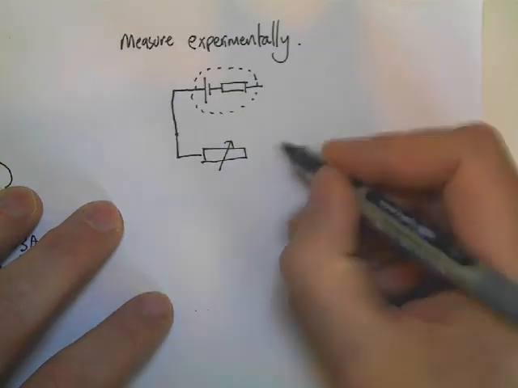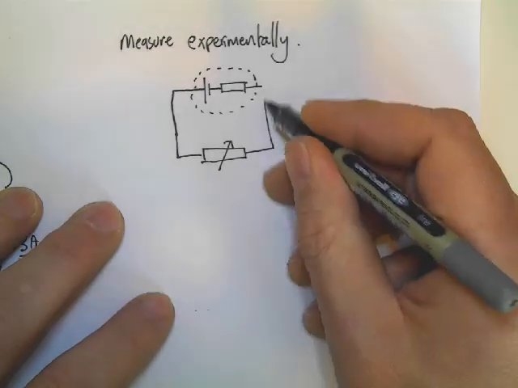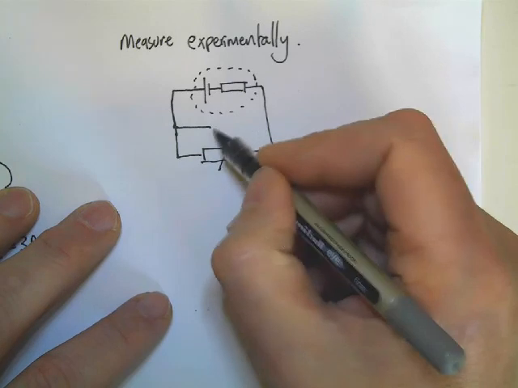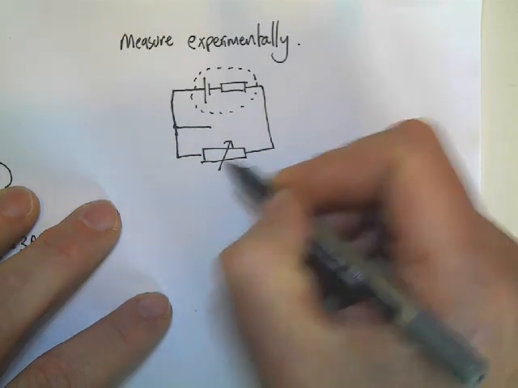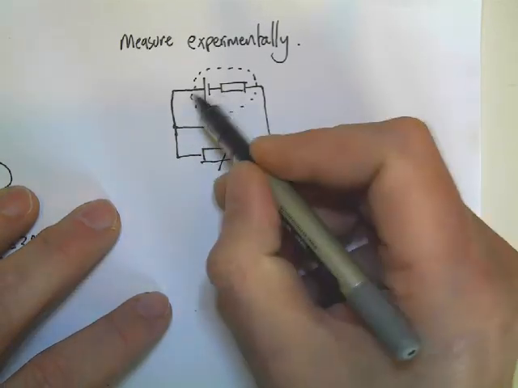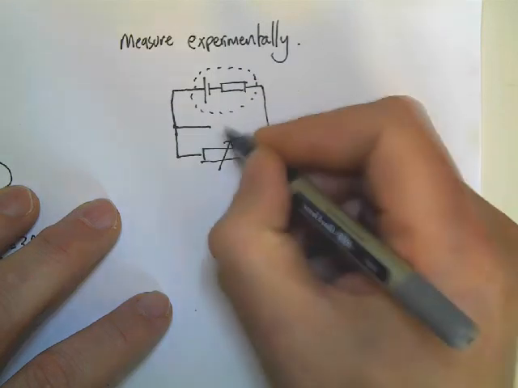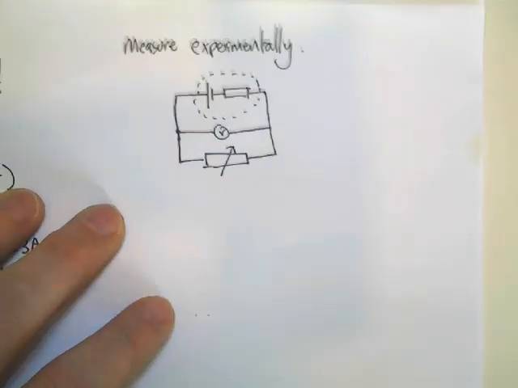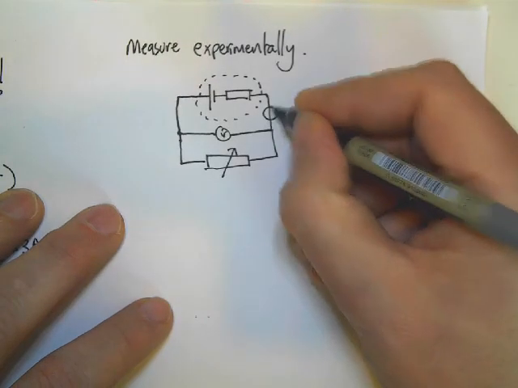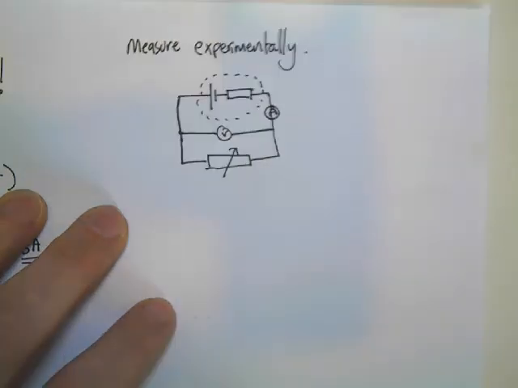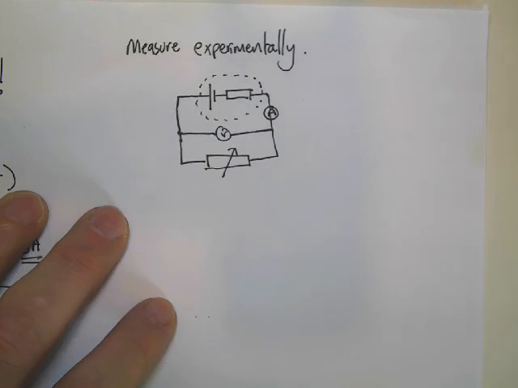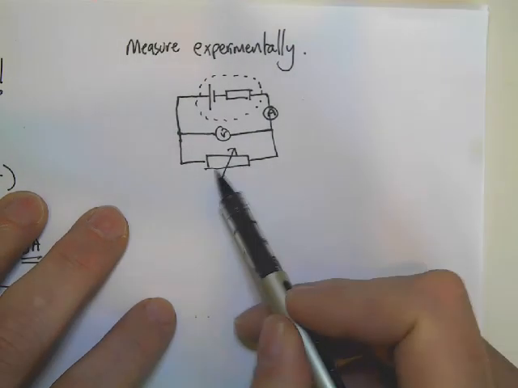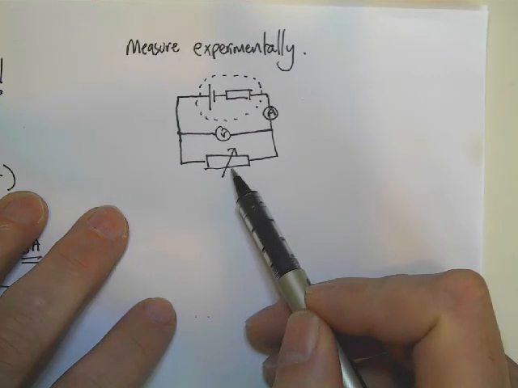You're going to place in a circuit a variable resistor, and you're going to put a voltmeter in the circuit to measure the potential difference across the variable resistor, which is the same thing as measuring the terminal potential difference of the cell. And then you're going to realise that I've missed something. We're going to put an ammeter in the circuit as well to measure the current.